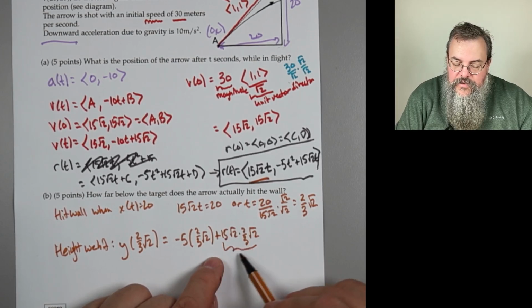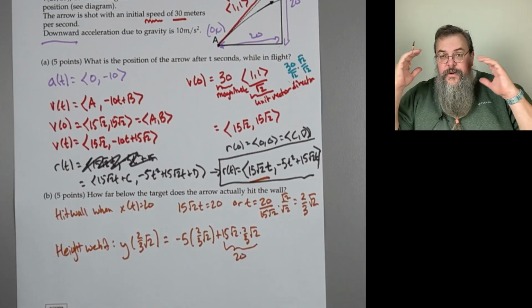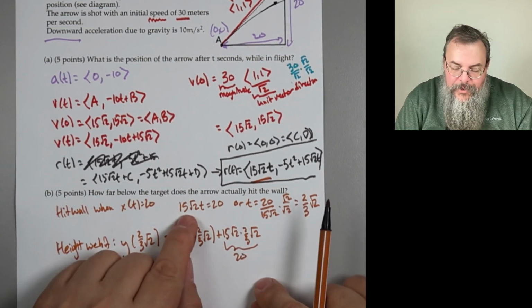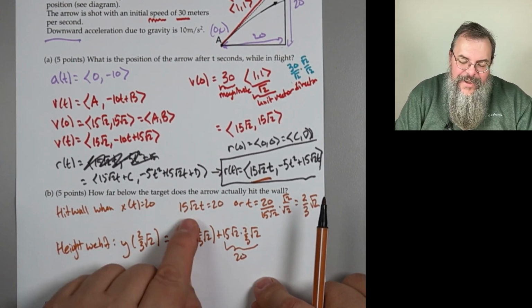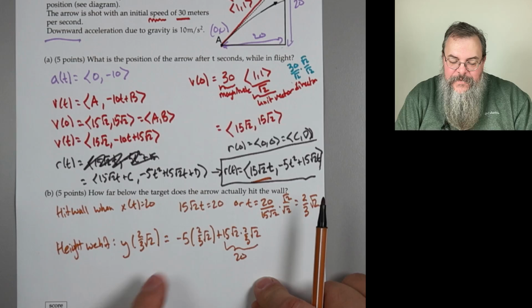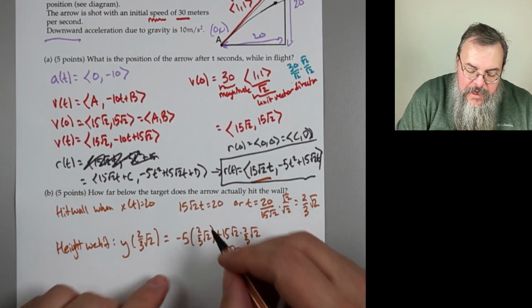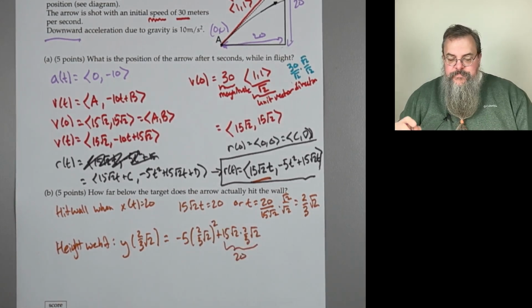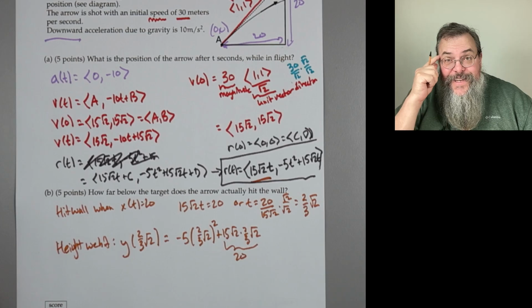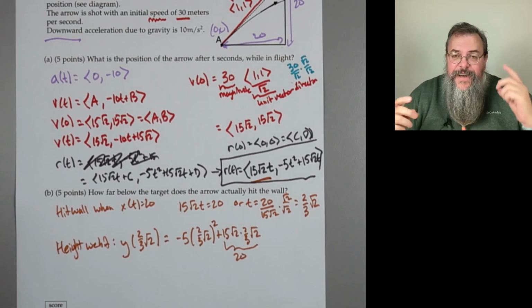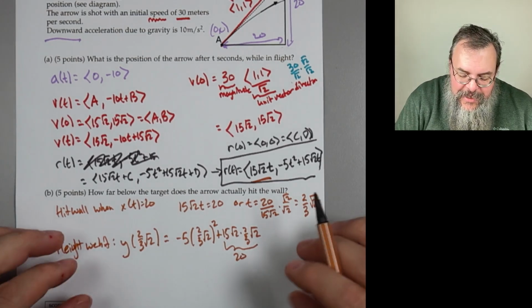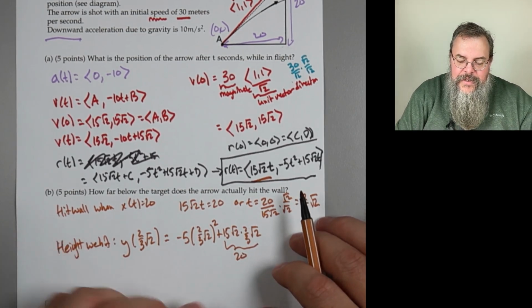So this whole thing is 20. And you're like, whoa, that's amazing. No, it's not, because we picked t so that 15√2 times t is 20. So of course that should be 20. Okay, great. By the way, I forgot to square that. All right, double check, right? Small mistakes cost you big points. Okay, all right, now 20.